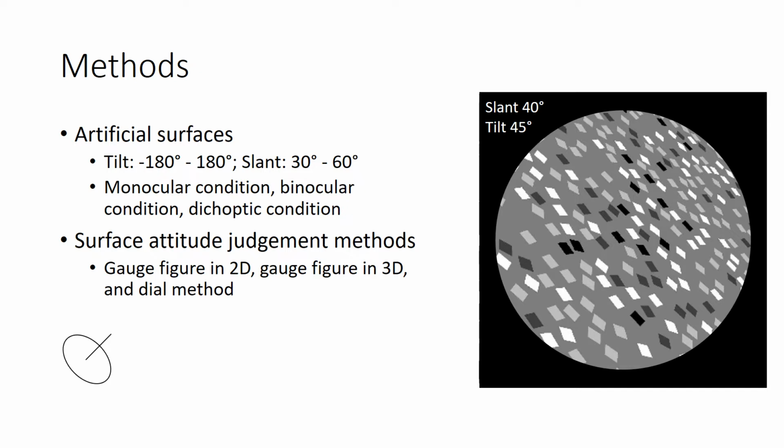Here, we will call it 2D gauge figure. Perspective plus disparity, we'll call this our 3D gauge figure. Moreover, we have a dial method where observers controlled two dials to represent slant and tilt respectively. This method is perspective and disparity free.